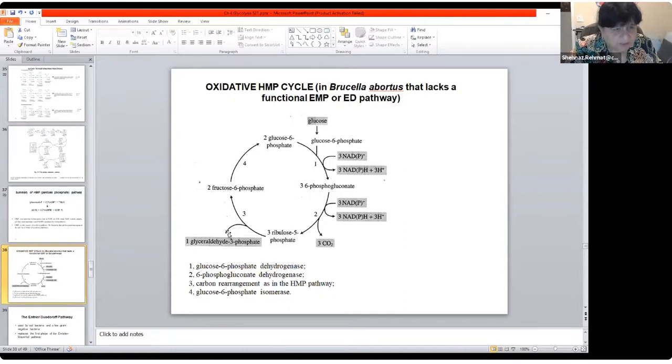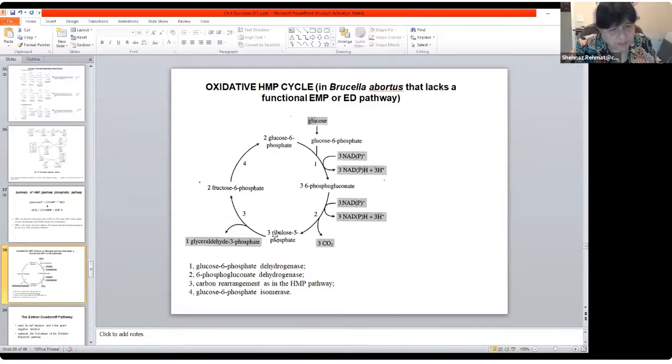But here is the variation where glyceraldehyde 3-phosphate will go into the fructose 6-phosphate, and because it does not have a functional EMP, some of the intermediates that we needed that were coming from the EMP are now being generated by the oxidative cycle of this HMP, which will give you this very important intermediate, fructose 6-phosphate.